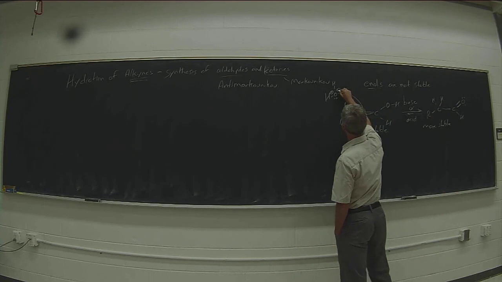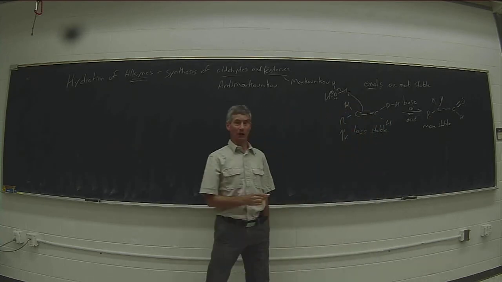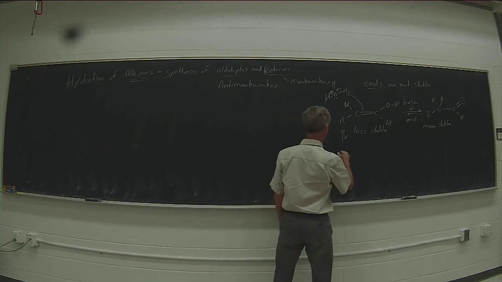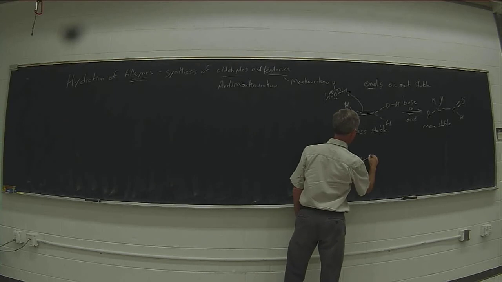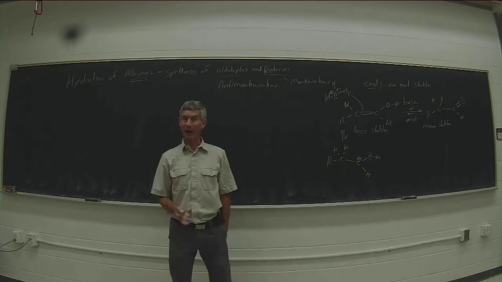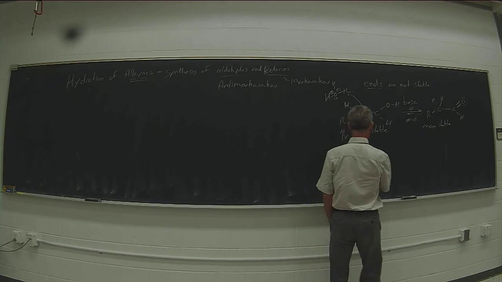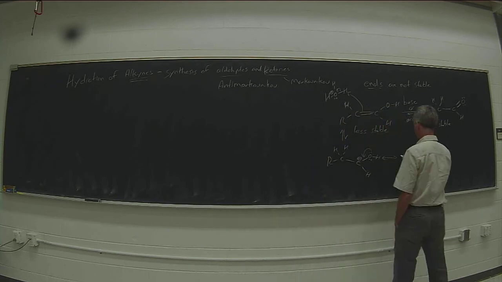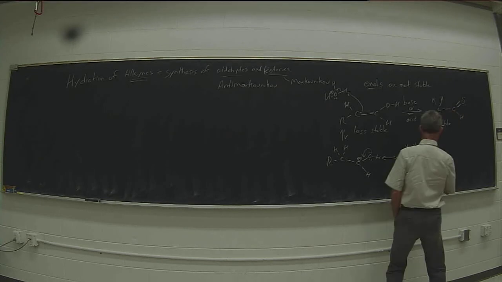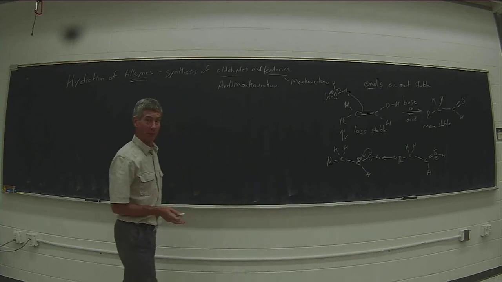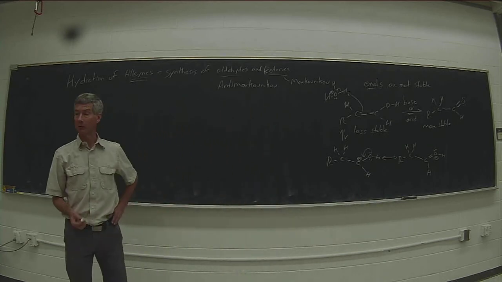The pi bond can attack the hydronium ion, and it will generate the carbocation that's adjacent to the heteroatom with the lone pair, because that allows a stable resonance structure that puts the positive charge on the oxygen. And resonance stabilized carbocations are always more stable than a carbocation that's stabilized solely by hyperconjugation.